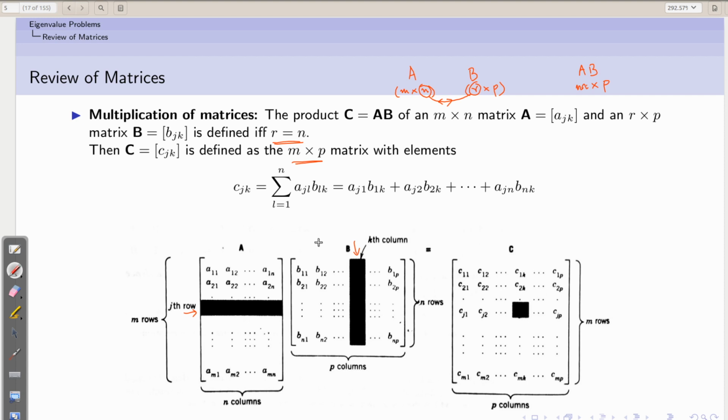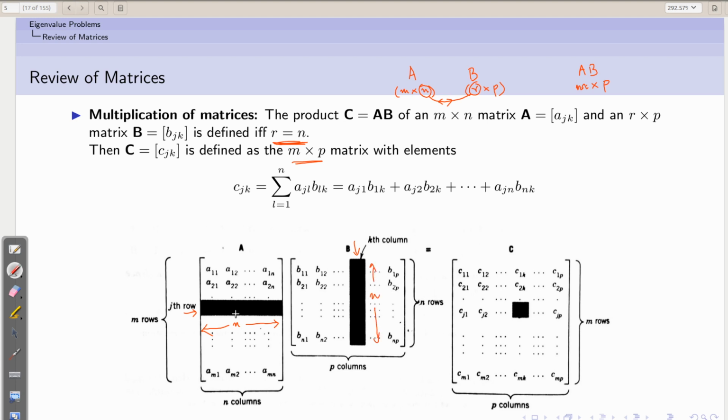Now you know why this condition is required, that R must be equal to N. The first matrix has M rows and N columns, so each row has N number of elements. Here we have N rows and P columns, so each column also has N number of elements.